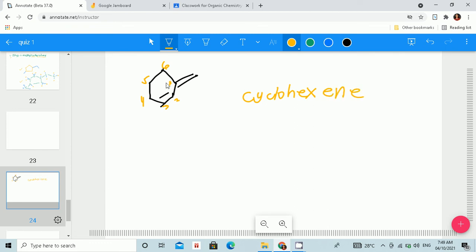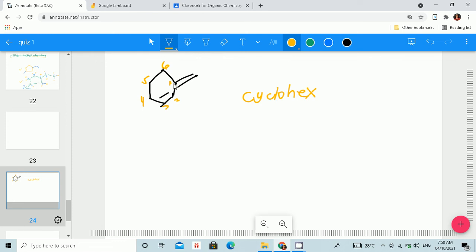Now, for the numbers, we have the position. Now class, this will be a different naming style that we will use here, because this is a double bond. There's a double bond here.